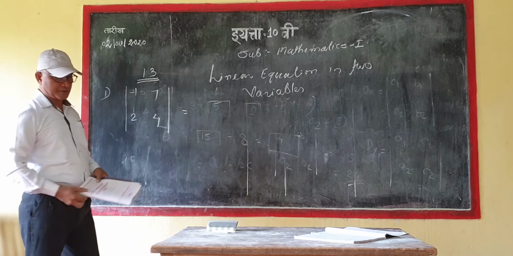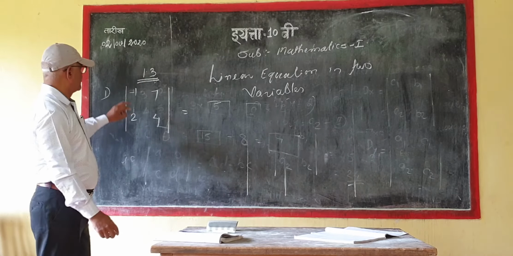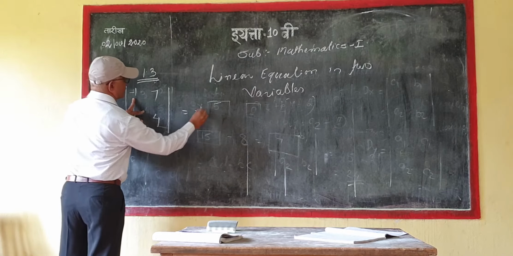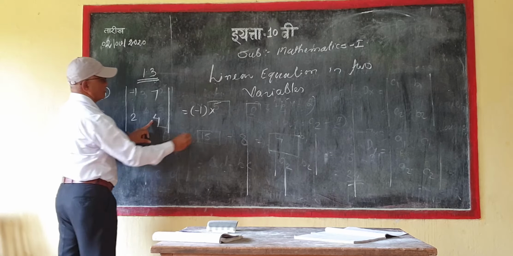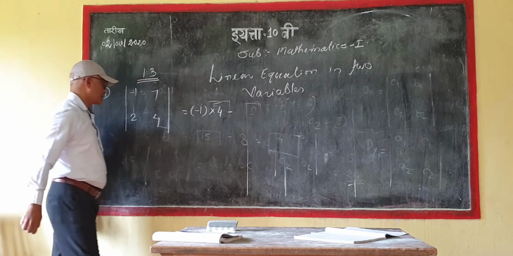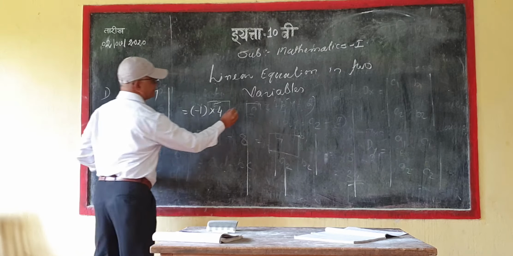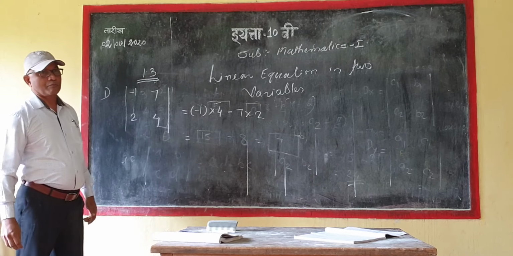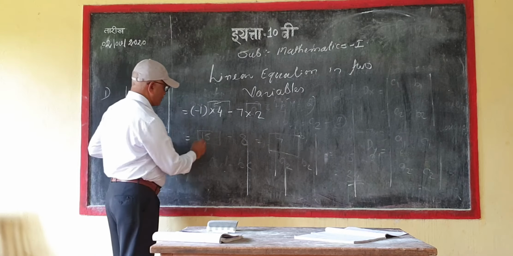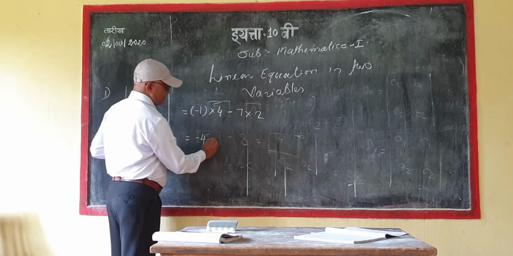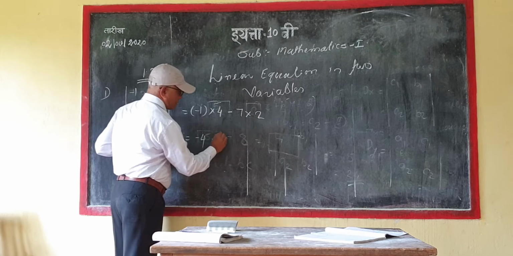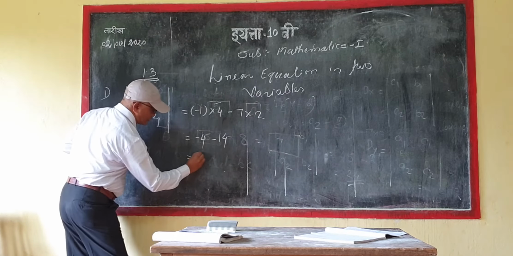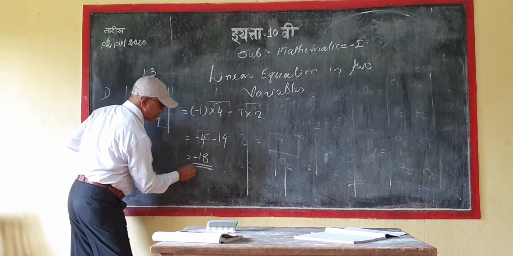Cross multiplication: minus 1 into 4 minus 7 into 2. Minus 1 into 4 is minus 4, minus 7 times 2 is 14. The value is minus 18.